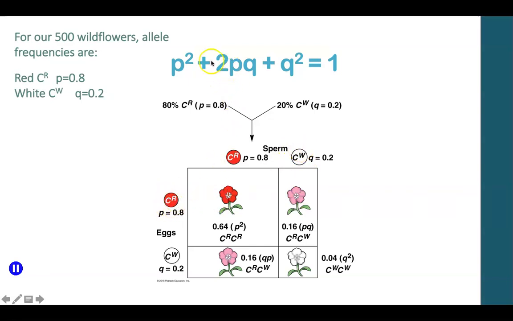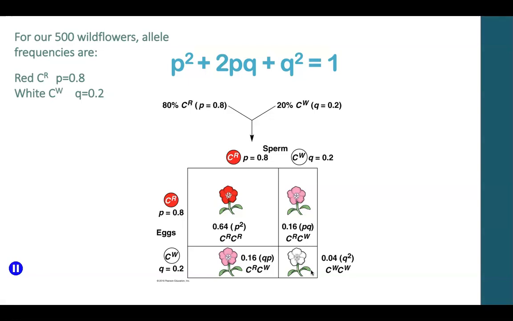But that 2 comes from the fact that we can also get the combination the other way, the red allele from the opposite parent and the white allele from the opposite parent. Q squared comes from getting the white allele from one parent, the white allele from the other parent. So on the outside, we see our allele frequencies. On the inside, we see our genotype frequencies.